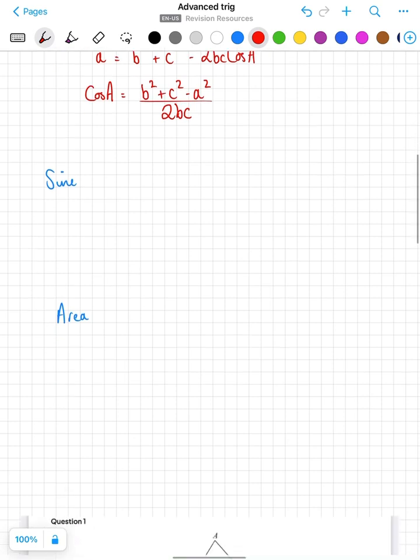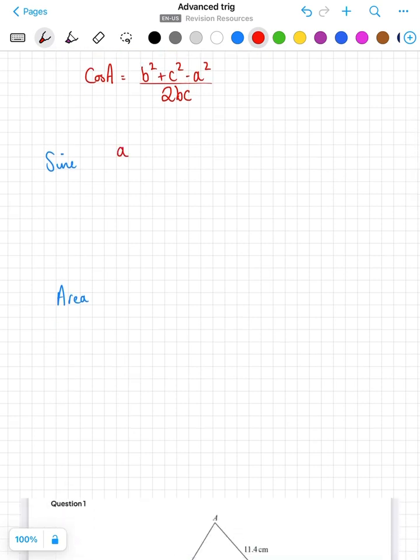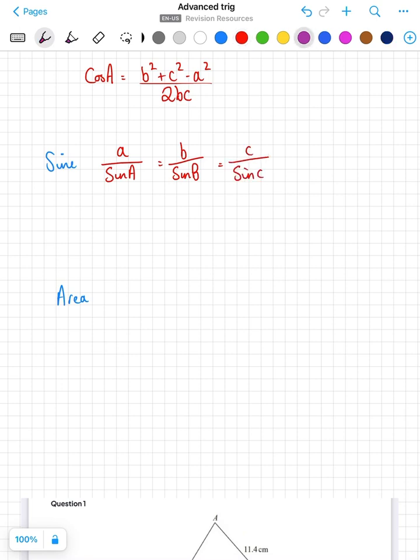Our sine rule is a over sine A equals b over sine B equals c over sine C. Using our ratios with the lowercase a, b and c on top will allow you to rearrange to find a length.